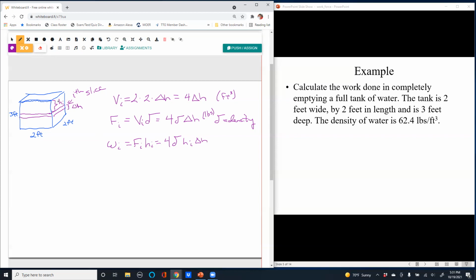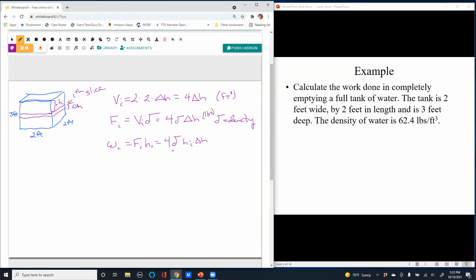We don't want to introduce another variable for this because they're in the same direction. This is going to be our variable, and this is going to be delta of our variable. Now, if we were going this direction on our slice and we wanted a widthwise measurement, that's when we would have to get some relationship between the two variables. And again, I'm sure we'll do an example where we have to deal with that as well, and I'll make sure to point it out.